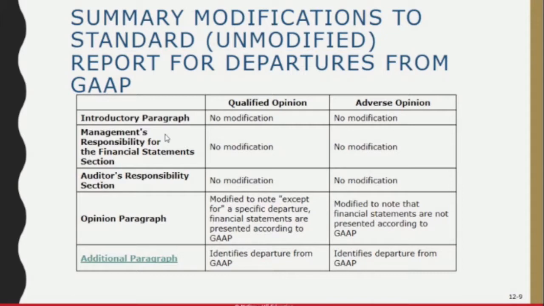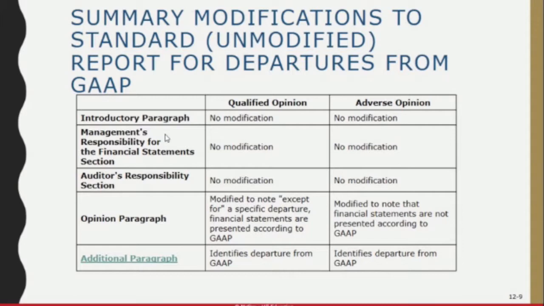So the auditor will modify the opinion paragraph and they will add an explanatory paragraph prior to the opinion paragraph. And in that explanatory or additional paragraph, as you'll see here in the exhibit, the auditors provide a basis for their qualification.